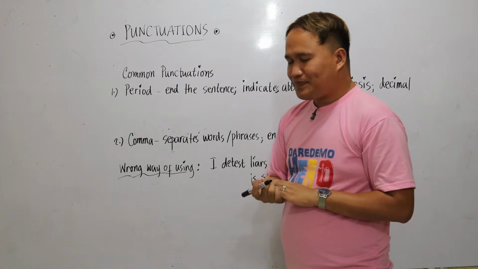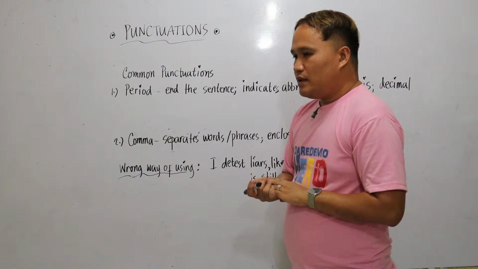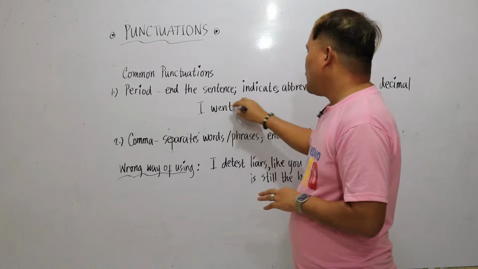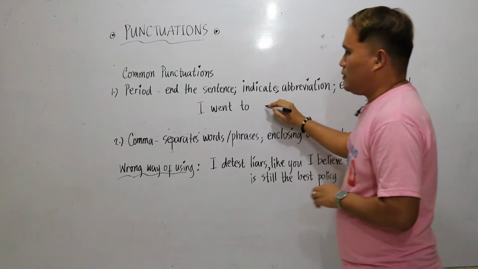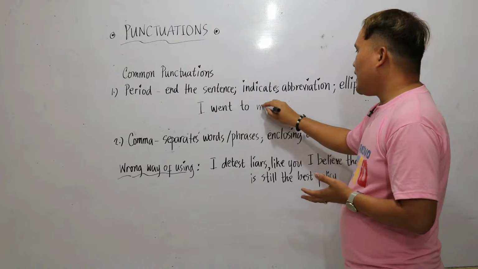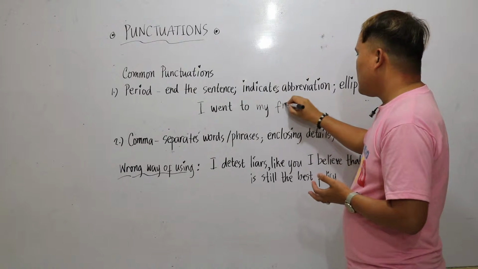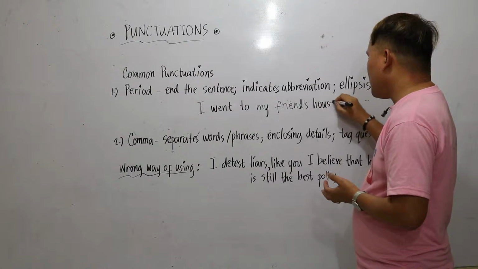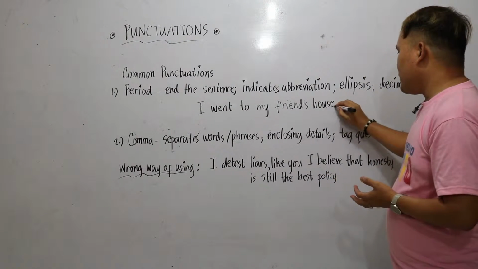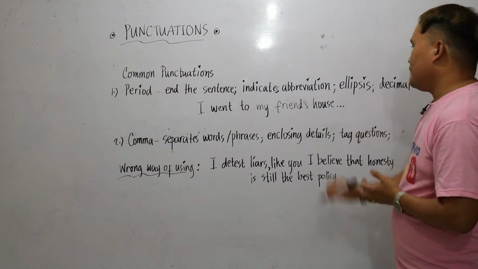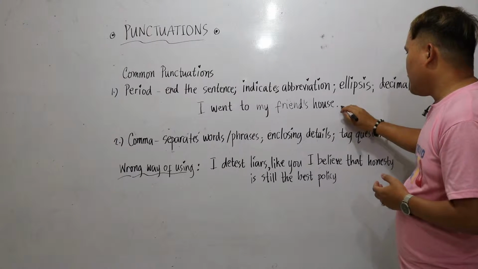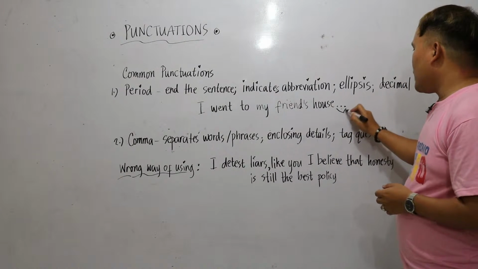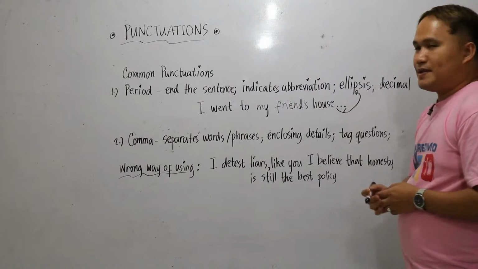So let's say, I went to my friend's house, and then I put 3 dots, or 3 periods rather. So these 3 periods here are what we call the ellipsis.